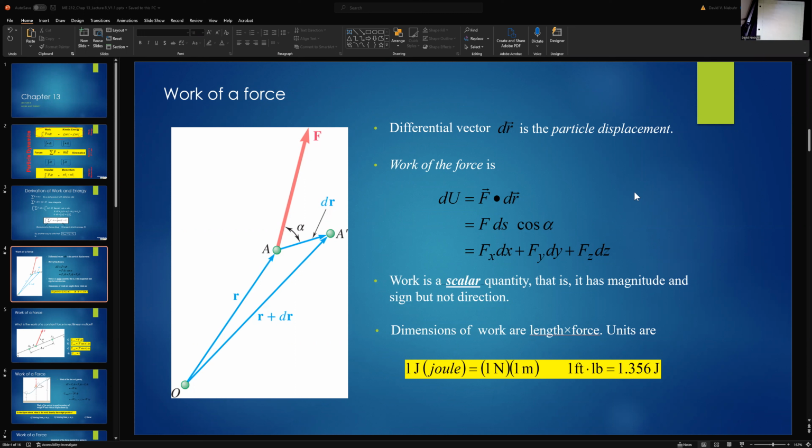What we mean by that is if you take a force dotted with its change in direction, then it reduces to F ds cosine alpha. The work is a scalar quantity, so that's why there is no direction. But let me pause this. Let me stop sharing and show you what I mean.